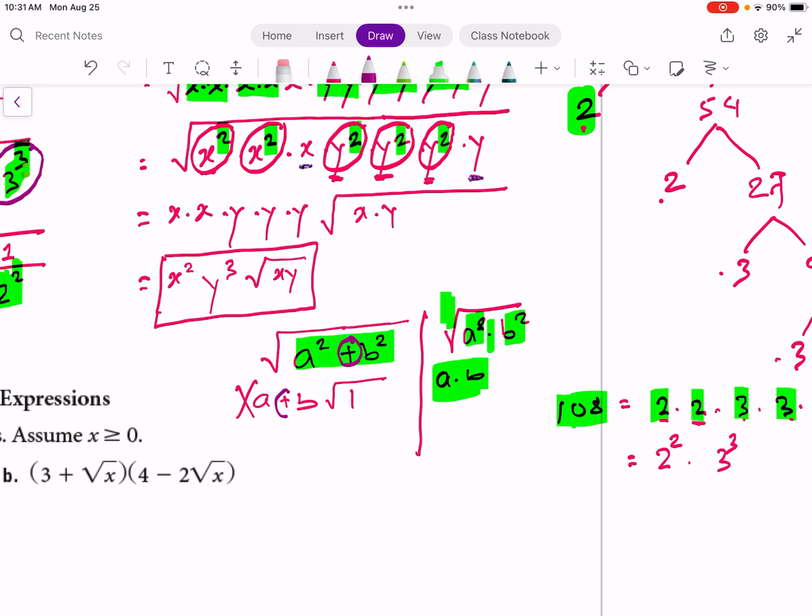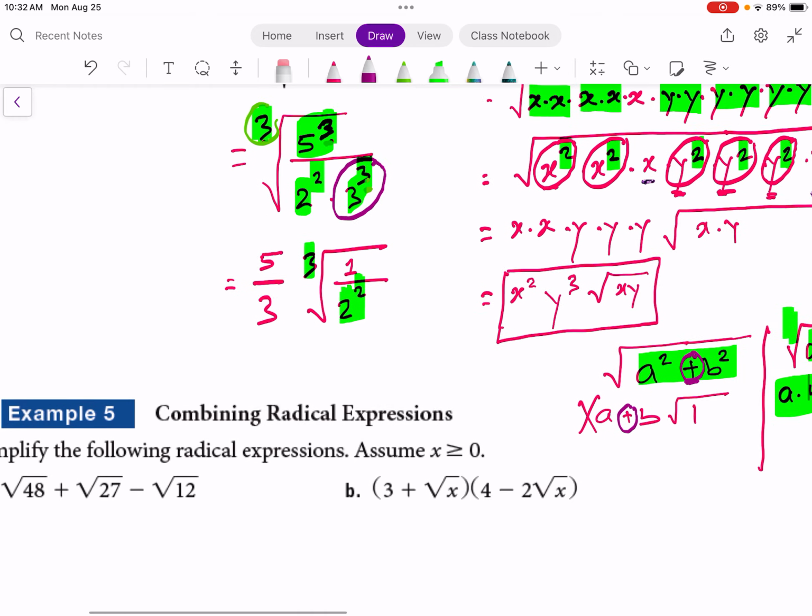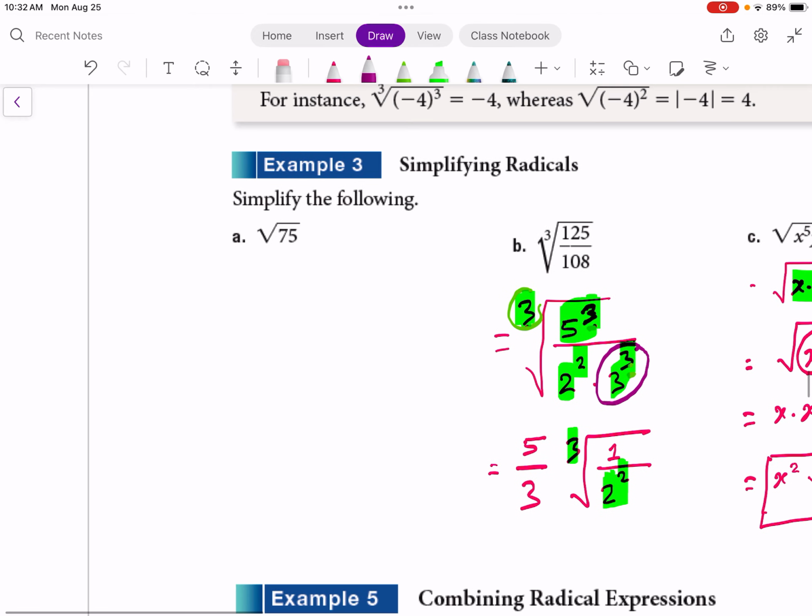Since we have a positive, or if you have a negative, you can't use this rule, okay? We use this rule when you have your radicand in a product form, and in order to bring the expression outside the radical sign, the index has to be the same as the exponent of a radicand. Okay, so now let's go back to number A.